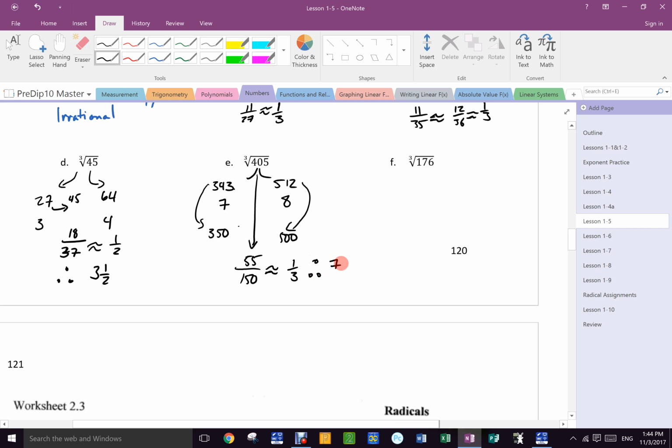Therefore, 7 1/3. Three dots like that is therefore. And then 176 is, of course, 125 and 216, which is 5 and 6. And again, I would say that's 40 over 90, which is a little less than half, right? Okay.